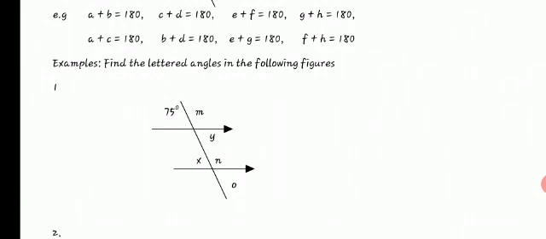From number 1, you can start with X. Your X is equal to 75 degrees because they are corresponding angles. X corresponds to 75. Then go to Y. Y alternate to X. X is equal to Y, alternate angles. Then look at Y and O. Y corresponds to O. Angle O and angle Y are corresponding angles.